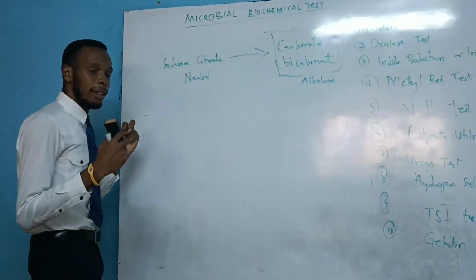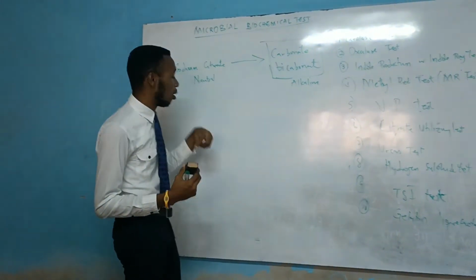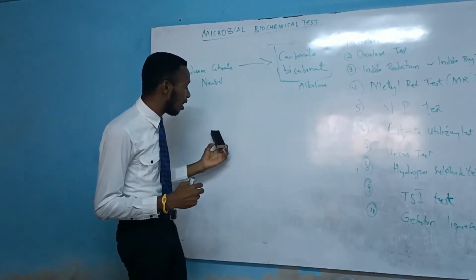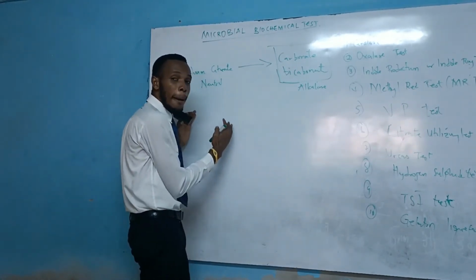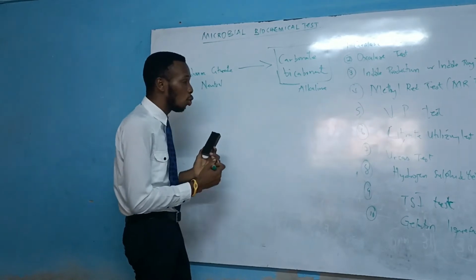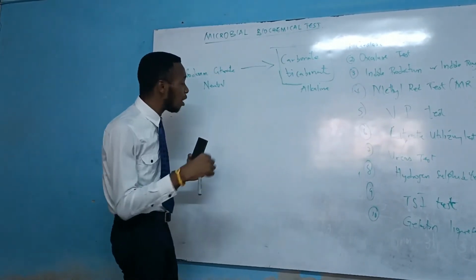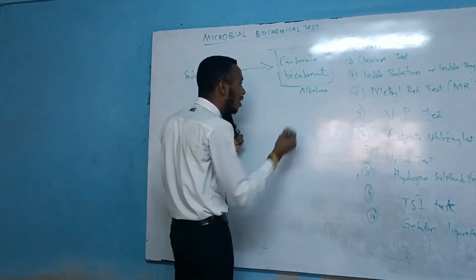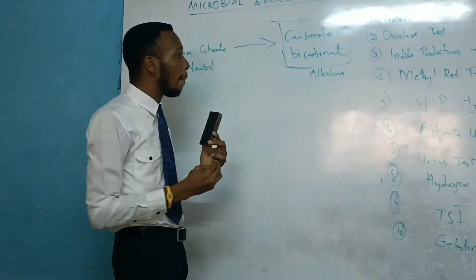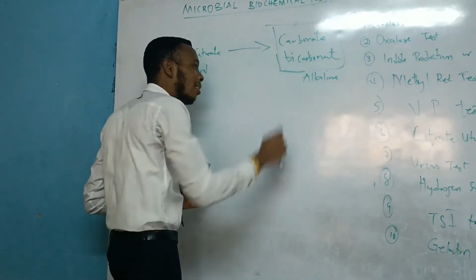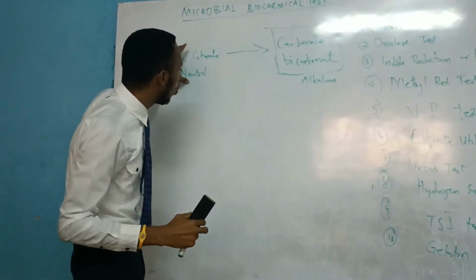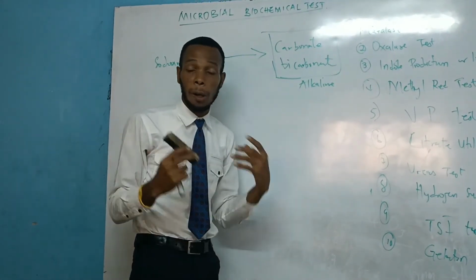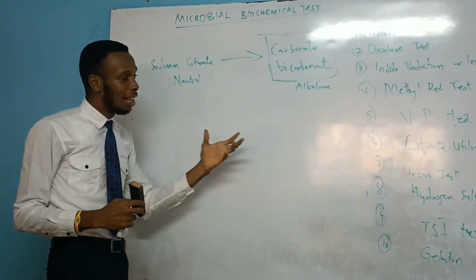Now, when a colony of bacteria has been inoculated and incubated for 24 to 48 hours, a color change from the neutral forest green to a Prussian blue indicates that the organism has the ability to utilize citrate to produce carbonate and bicarbonate. The presence of bicarbonate and carbonate indicates that the neutral pH of the sodium citrate has been converted to alkaline, hence the change in color of the indicator.